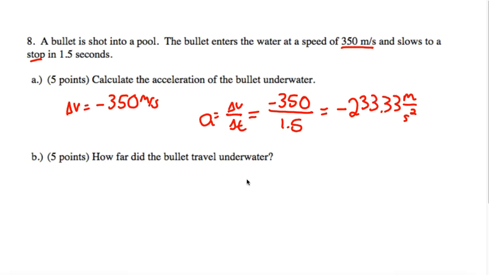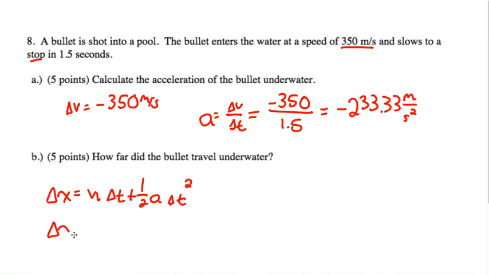How far did the bullet travel underwater during that time? Okay, well, we have a distance equation, equation number 2, which tells us velocity initial multiplied by time plus 1/2 acceleration multiplied by time squared. Velocity initial, we said, was the 350.